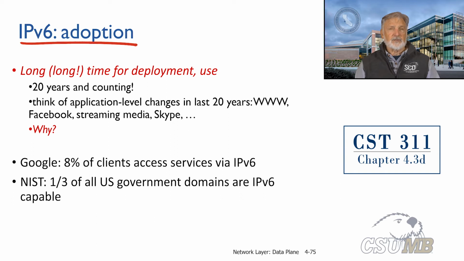As of this edition of your textbook, 2016, only 8% of the Google clients were using IPv6. Only 1/3 of the U.S. government domains were IPv6 capable, even though there have been mandates to transition since 2008. There has been progress since 2016, but it's still slow.